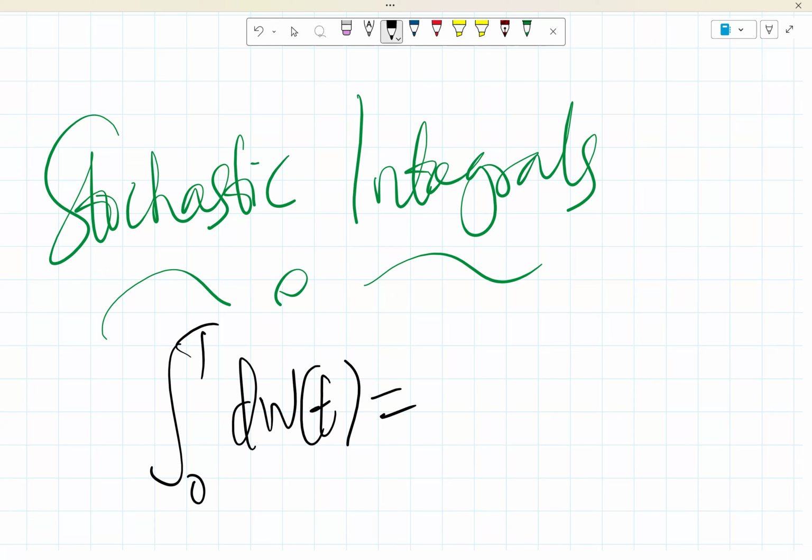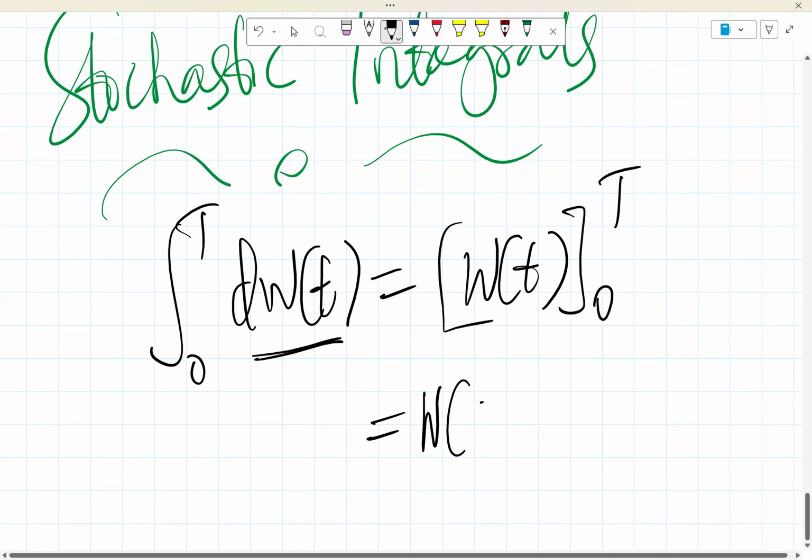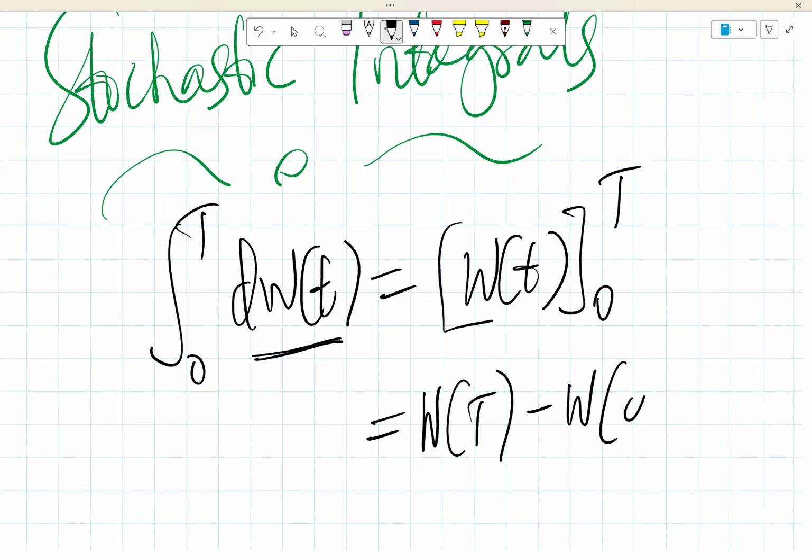Of course, we definitely know that if you integrate dw, you get w of t. So this is w of t from 0 to t. So that means you evaluate at t, so you have w of t minus w of 0.